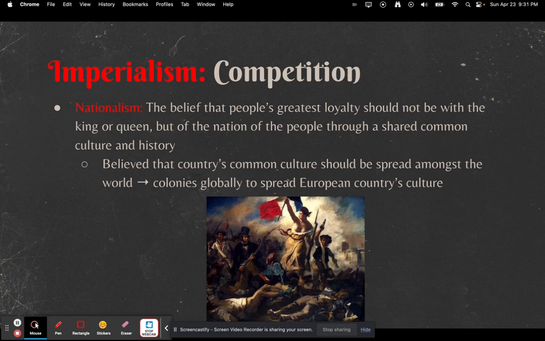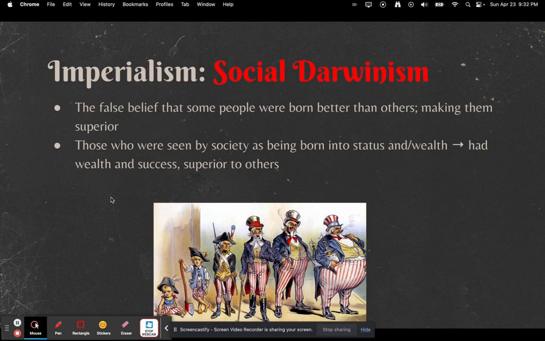This led to a lot of people wanting to settle in different colonies in order to spread their European culture with the rest of the world. You can think of it like France, right? We talked about the Haitian Revolution, because Haiti was once a colony of France. That would be an example of nationalism, spreading French culture across the world.